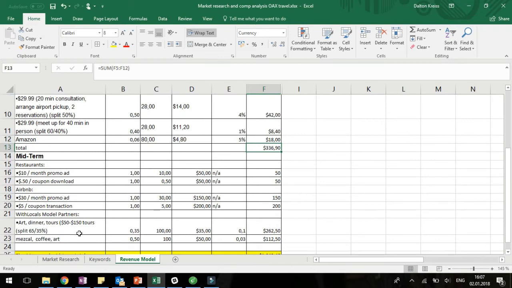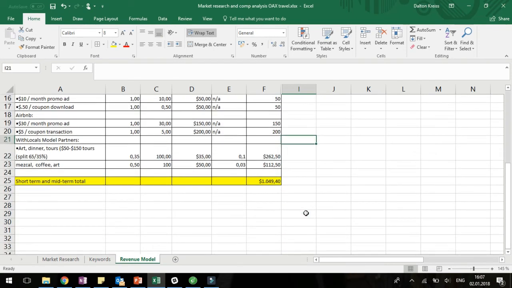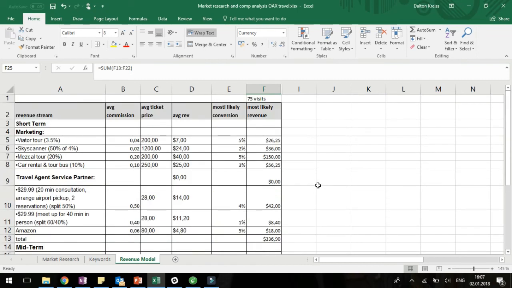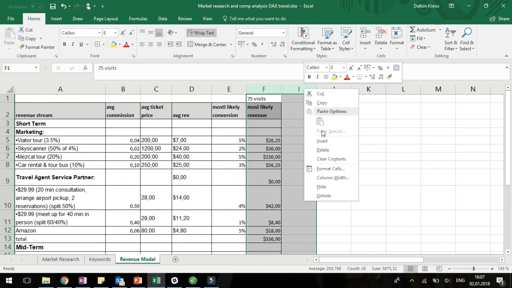When we add restaurants, Airbnbs, and this with local model, plus a little bit of income from e-commerce, it looks like we make another additional $825. So a total is, I can expect this to make roughly $1,000 a month in revenue. So we're not talking about a $1 million idea right off the bat by any means.